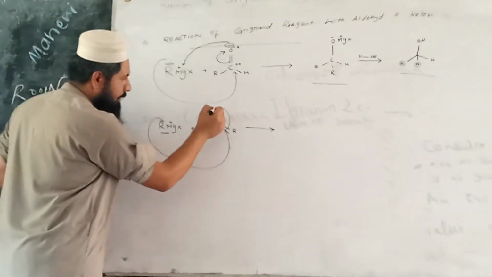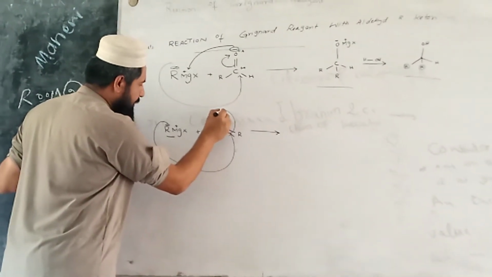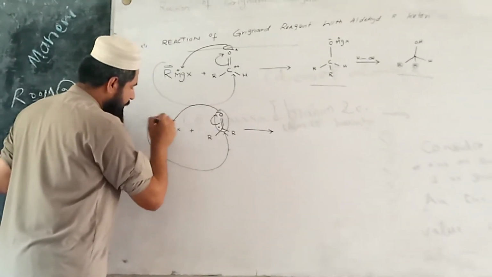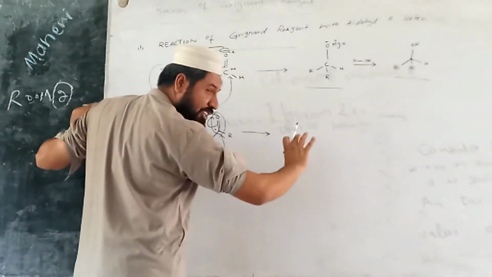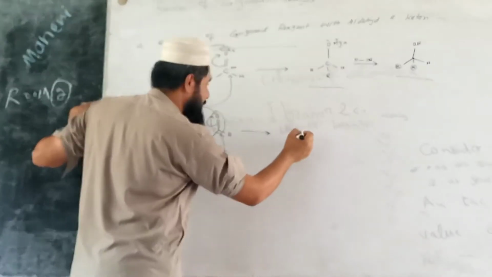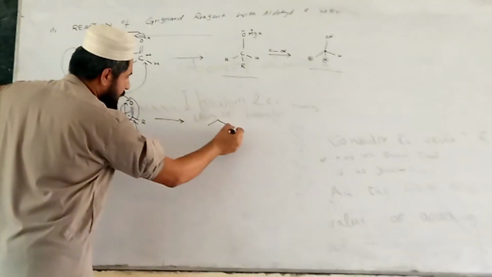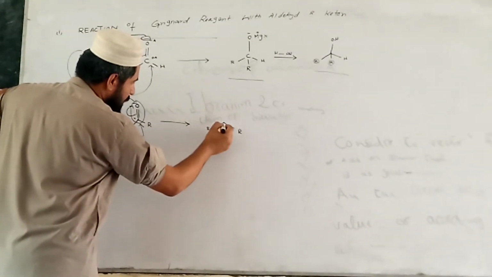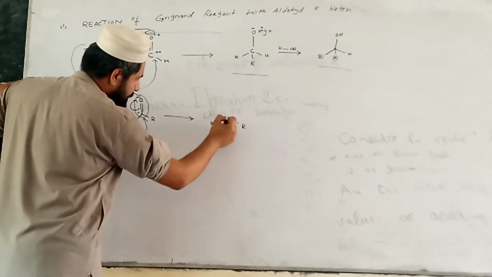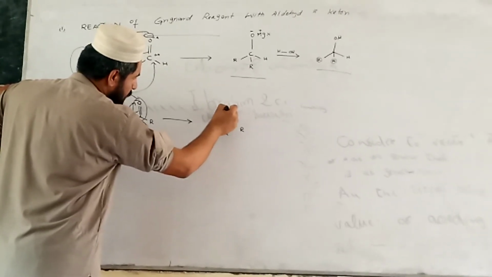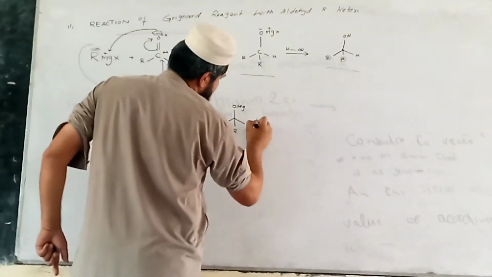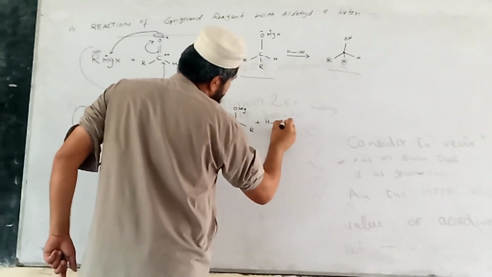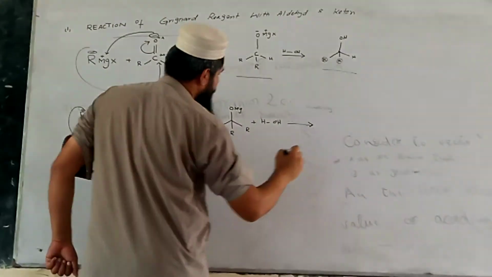So when this becomes negative, this negative attacks here, and what will be the intermediate? Look at what intermediate we get. This is the R, this is the R, and this new R that has come, this is OMgX, and its hydrolysis will give you what?